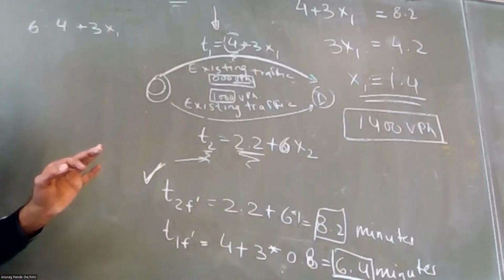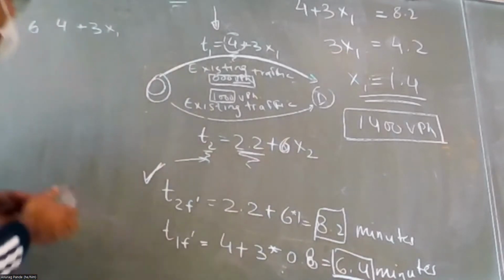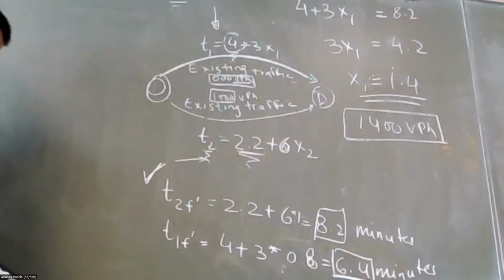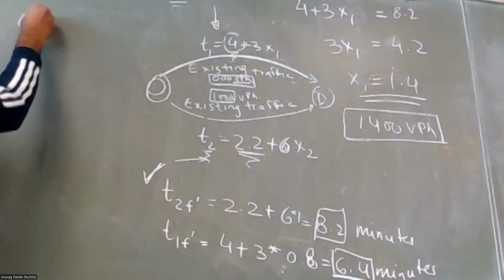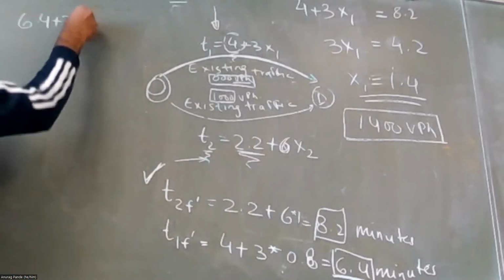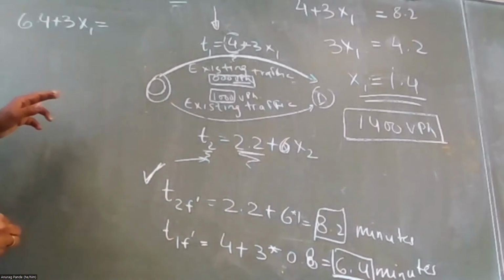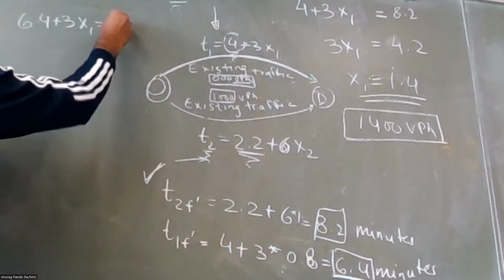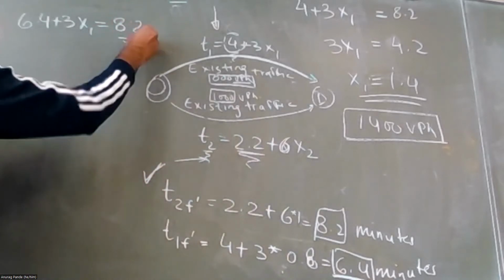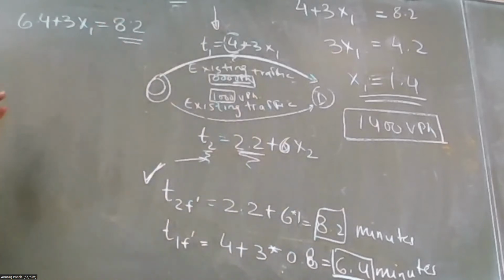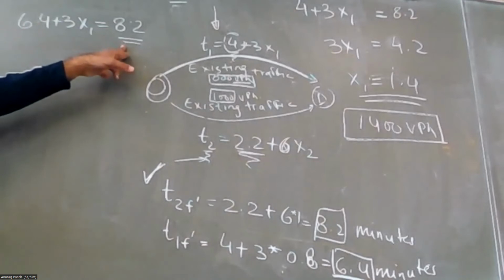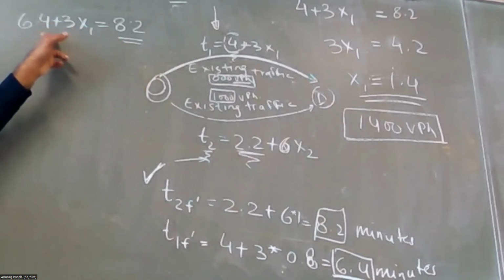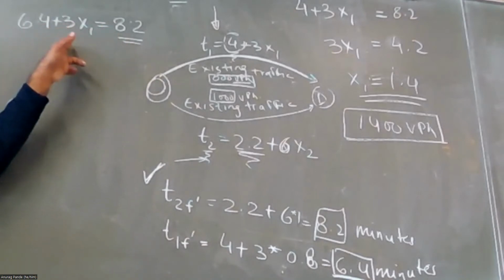So the question is, why didn't we do it exactly the way we used to do it? It gives the same answer probably, right? Because you get x1 equal to 600.